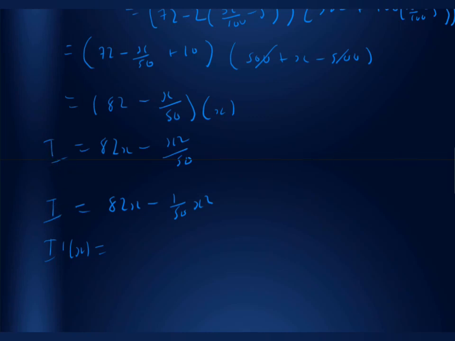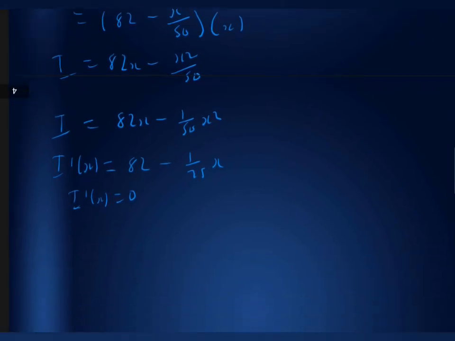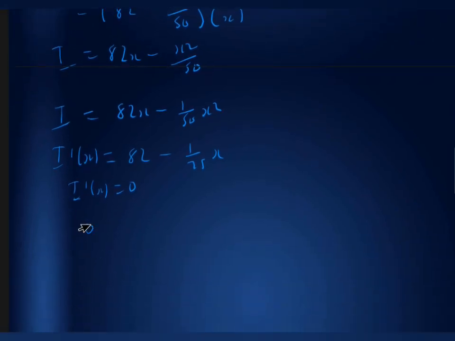So this is going to be 82, and then if I multiply, 2 will cancel 50, and I'm going to have 25, and then I have x. Yep, that's what I have. We tell them that the first derivative must be equal to 0. So we're going to say 0 is equal to 82 minus 1 over 25x.